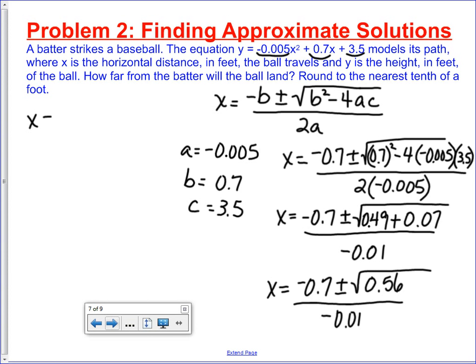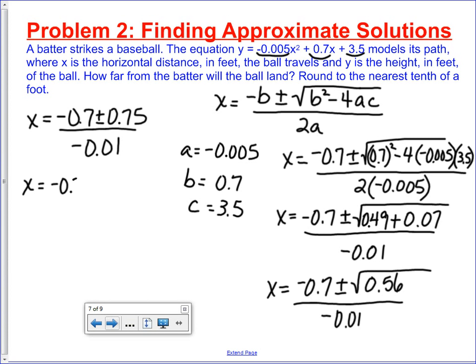So I have x equals negative 7/10 plus or minus 75/100, all divided by negative 100. All right, so let's divide it into two problems.